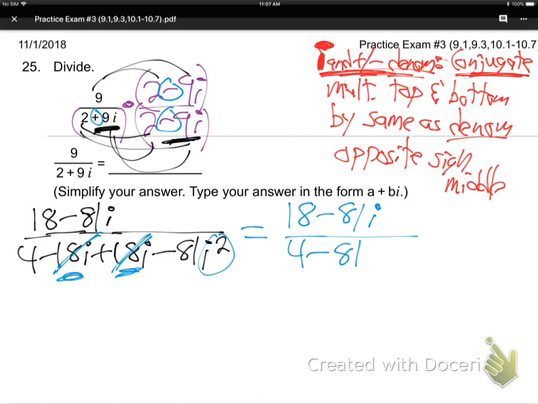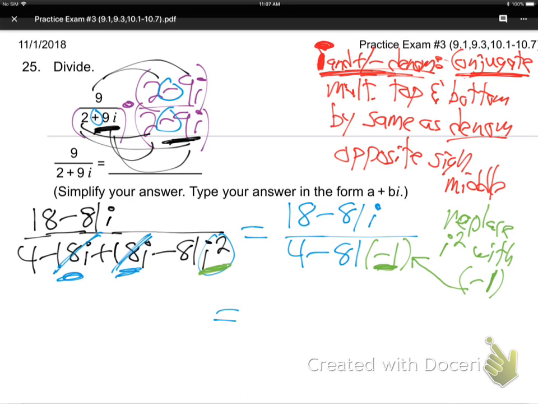Now, i squared, remember what we always do with i squared? We always replace i squared with negative 1. We never leave i squared. We leave regular i's, but we don't leave i squared. It's negative 1. Okay, so where does that give us?